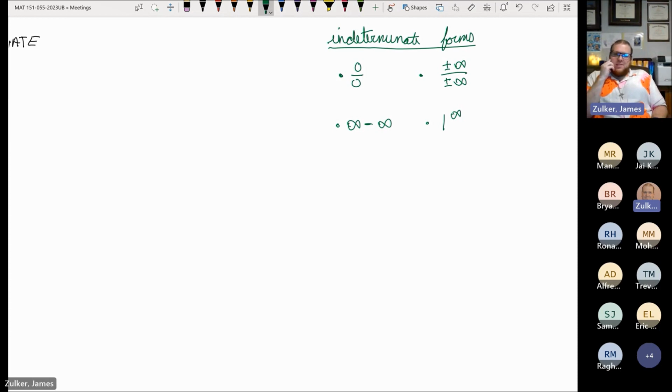One raised to infinity is considered to be indeterminate. Infinity to the 0 is indeterminate.